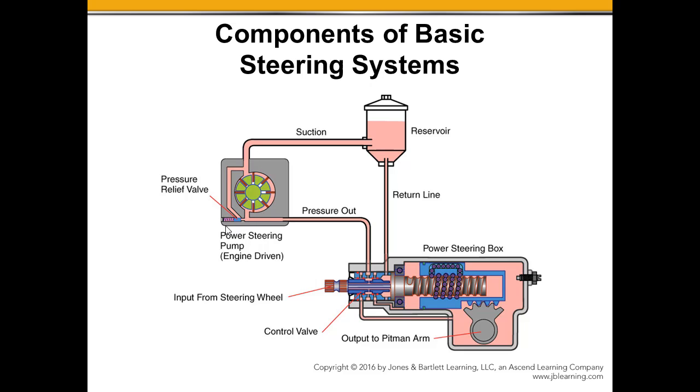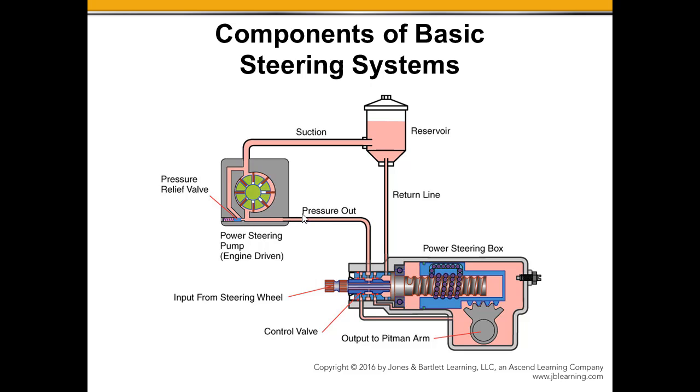This one has an internal pressure relief valve, so as we are pressurizing the fluid, the relief valve will allow excess fluid pressure to unseat the valve and flow back around into the front side of the pump.